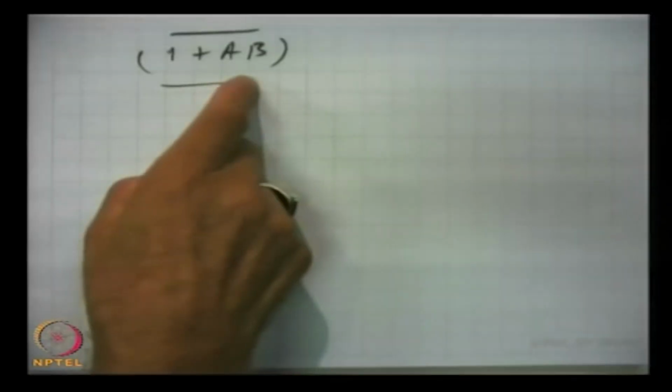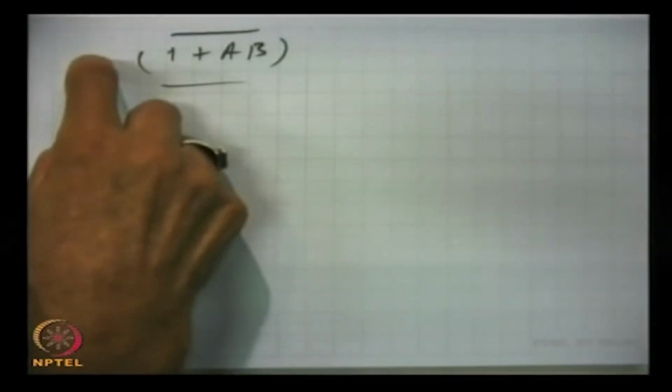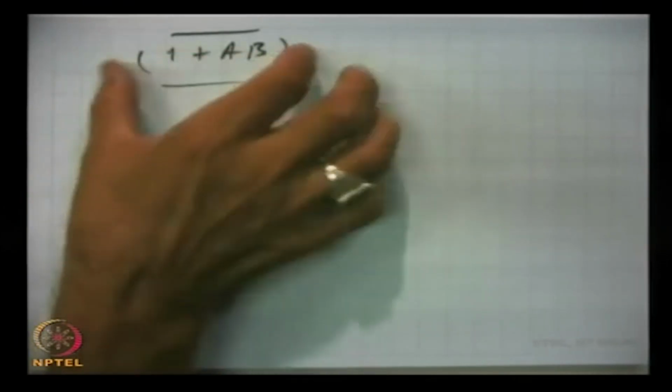For example, the input impedance, it will change, it will be enhanced by how much amount? This much. The input impedance without feedback into this term, that will be the input impedance for the feedback non-inverting amplifier. Similarly, change in bandwidth, that bandwidth also increases, and that change is given by this.